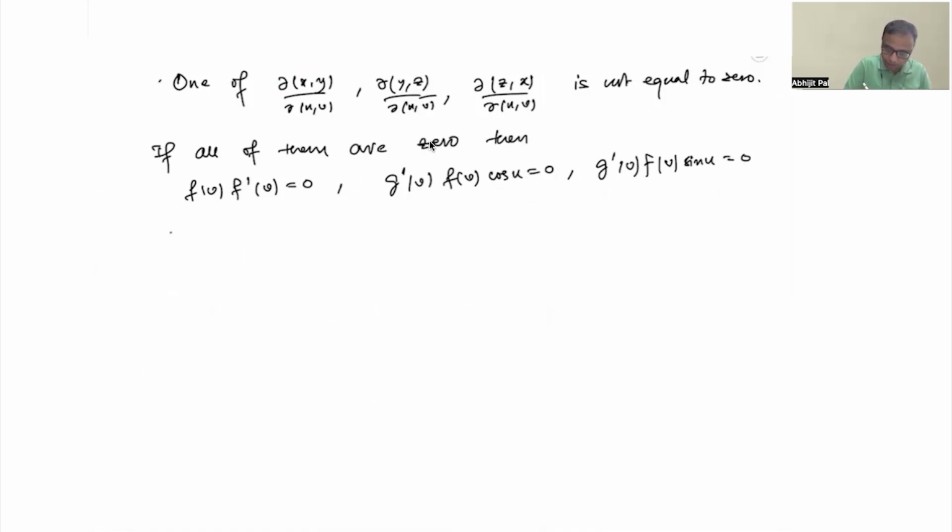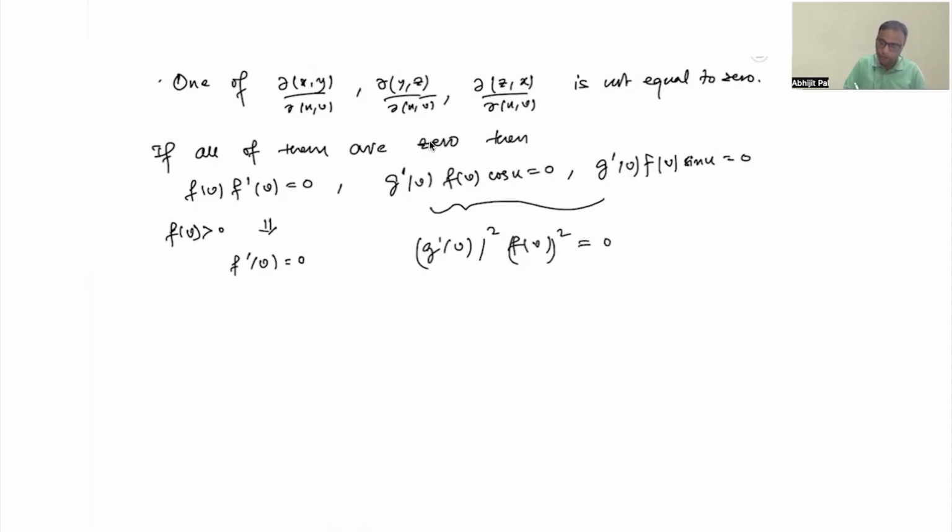Okay, so f(v) is greater than 0, so this will imply that f prime(v) is equal to 0. And from these two equations, what we'll get? So g prime(v) squared f(v) squared is equal to 0.